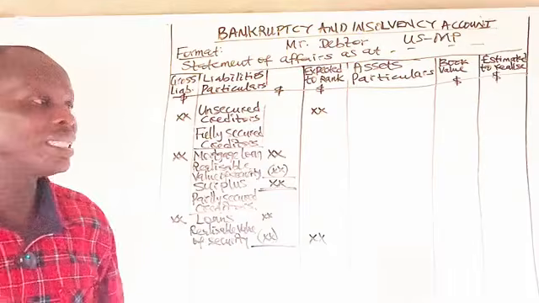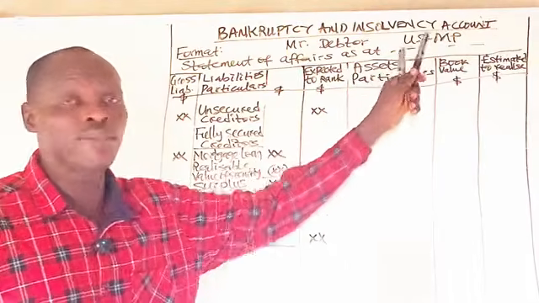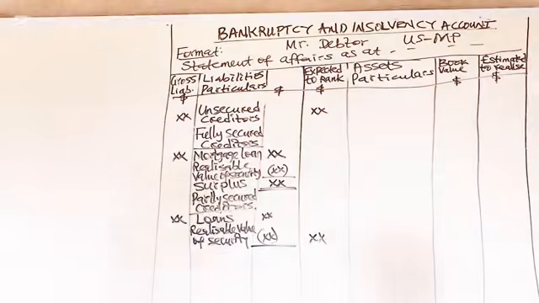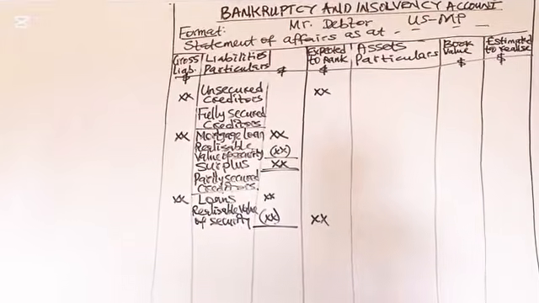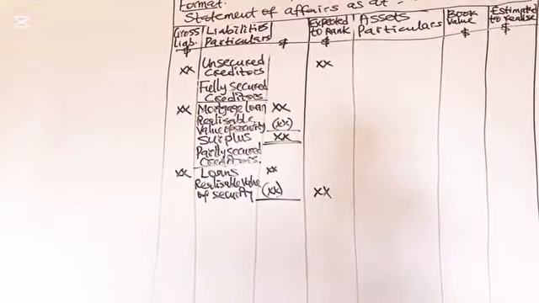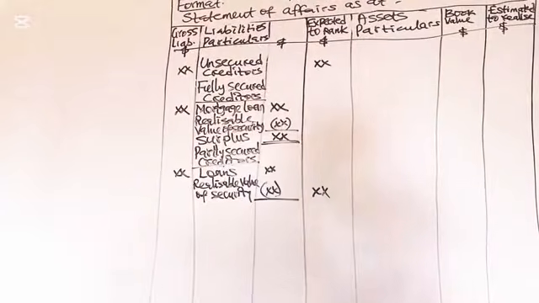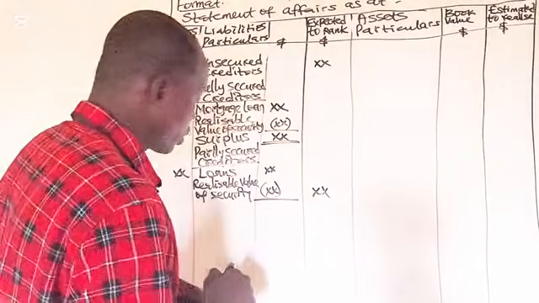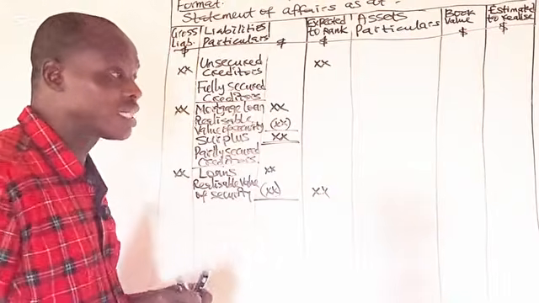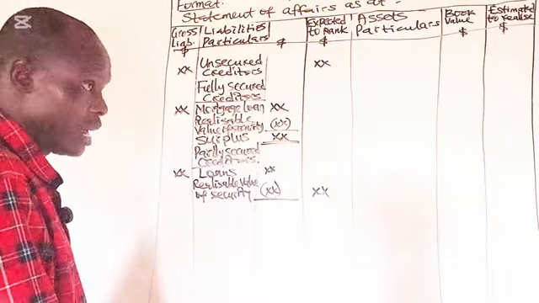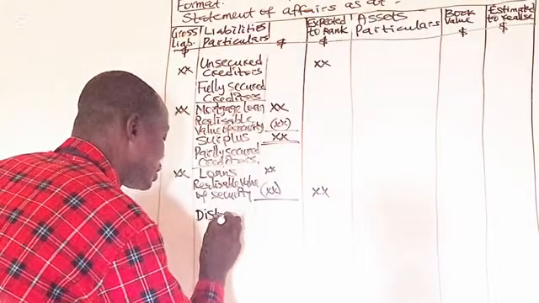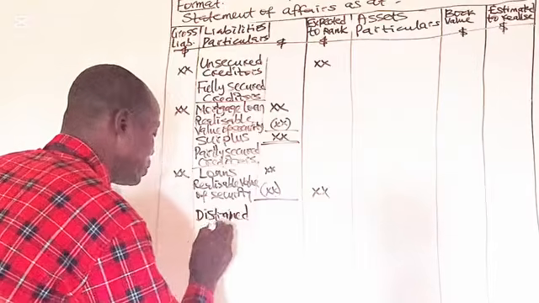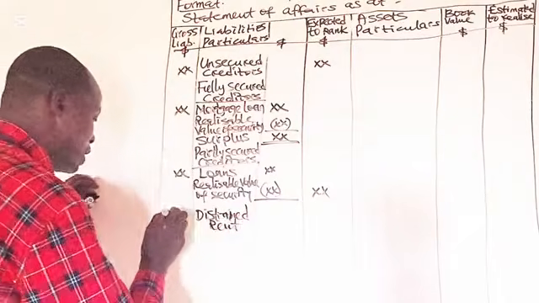The next letter is M. M is for money owed. Remember, I've categorized that into two. You may have distrained rent, and then you may also have deferred liability. So we want to start with distrained rent. How much is that?